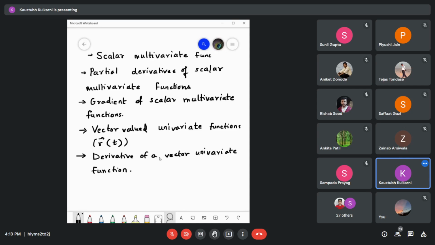Say, if you consider the gradient del as an operator, the gradient operator is nothing but a combination of the operators.